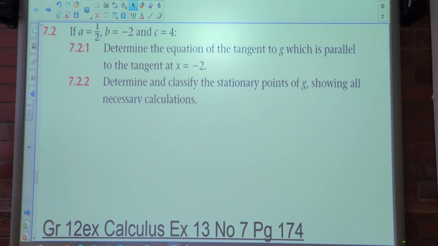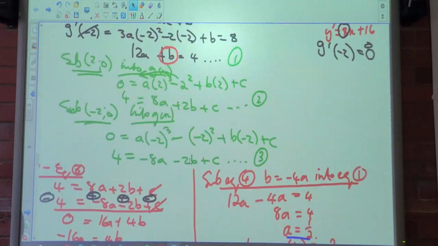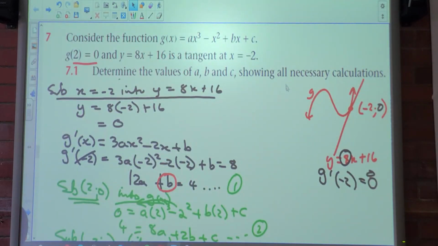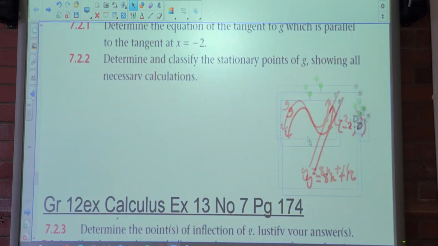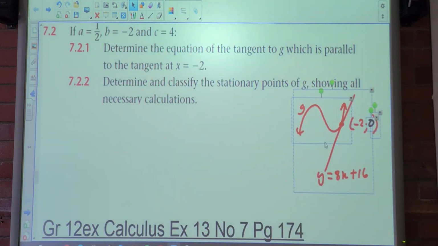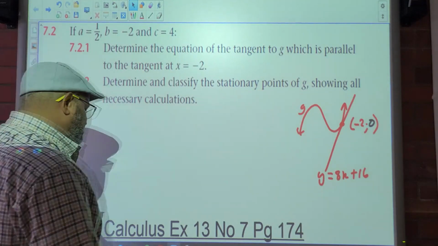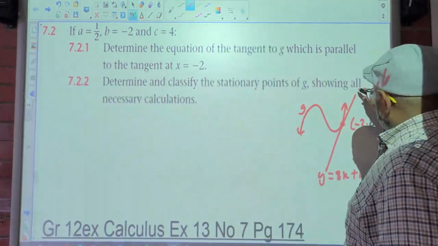Right, so determine the equation of the tangent, which is parallel to the tangent. People, if lines are parallel, what do we know? Gradients are equal. Lines are parallel, gradients are equal. So let's pull this down quickly. So it's going to be a line parallel to this here.